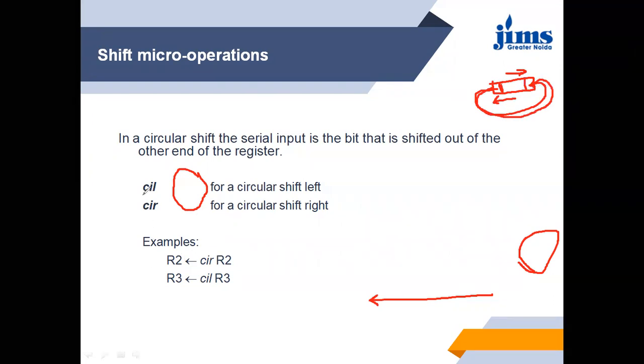This is represented by CIL and CIR, where CI represents circular, L represents left, R represents right. If we want to perform a circular right operation on register R2, we will write CIR, and when we have to perform a circular left operation on register R3, we will write CIL.